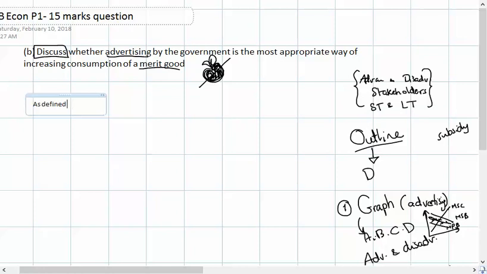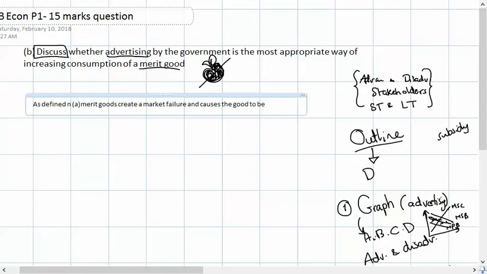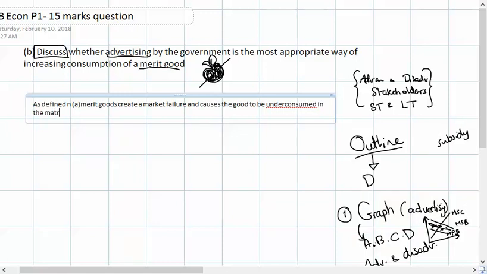As defined in A, again, we don't waste time with definitions and graphs I mentioned before. Merit goods create market failure and cause the good to be under-consumed in the market.